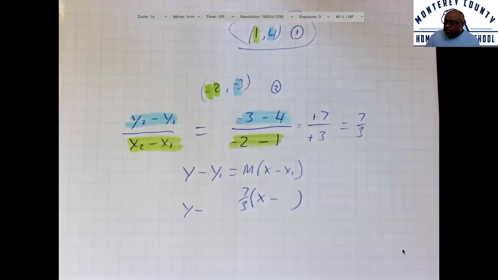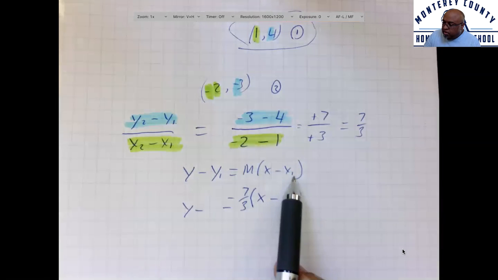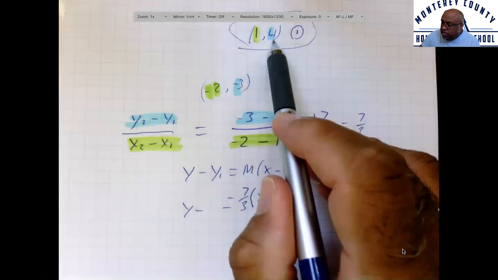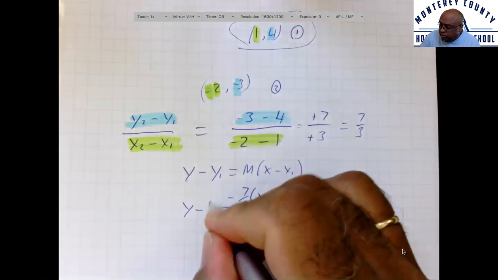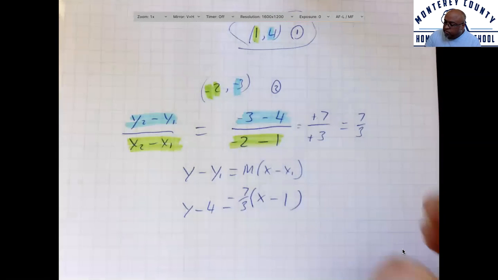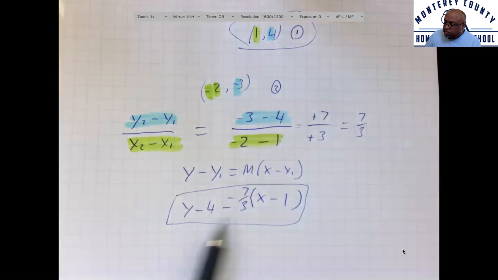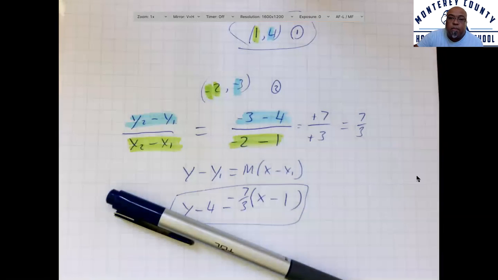Now, all I have to do is fill in y1 and x1. So y1, if we remember, was 4. x1, we remember, is 1. So now I have written the equation. y minus 4 is equal to 7/3 times the result of x minus 1. Okay, hope that helps. Thank you much.